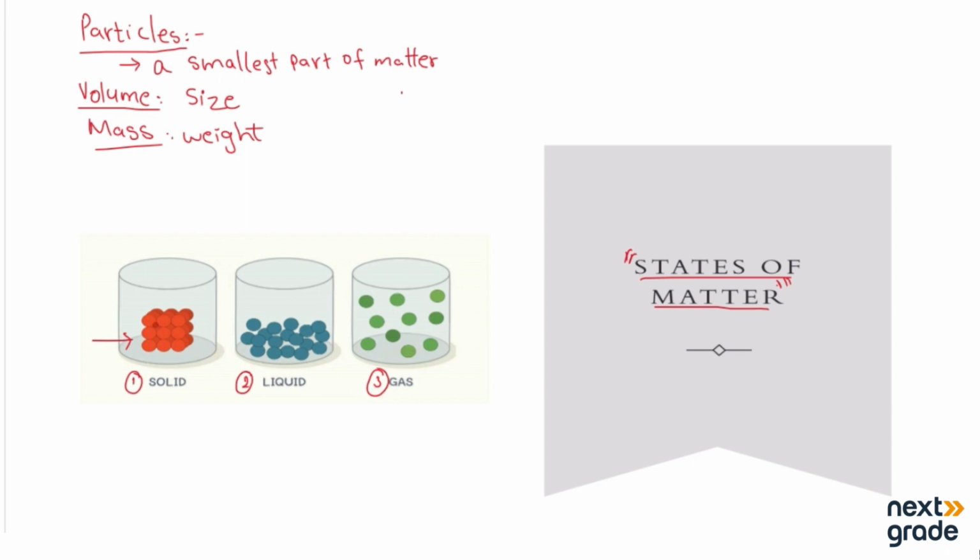They are actually indicating the particles of these three states of matter. This is how the particles of these three states look. We are going to discuss the properties of each of these, and you will learn how they are different from each other.